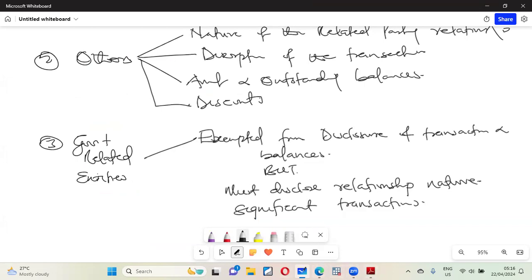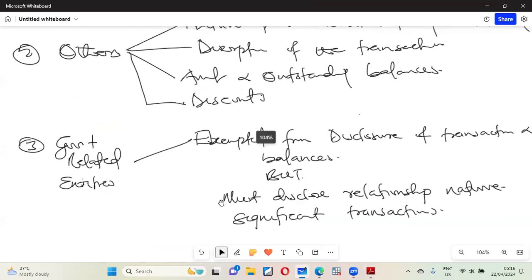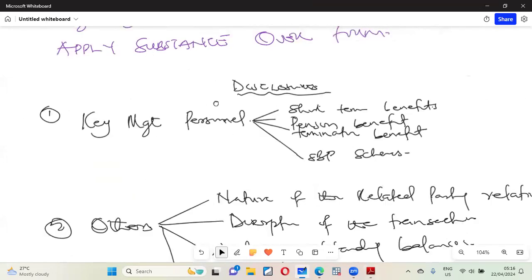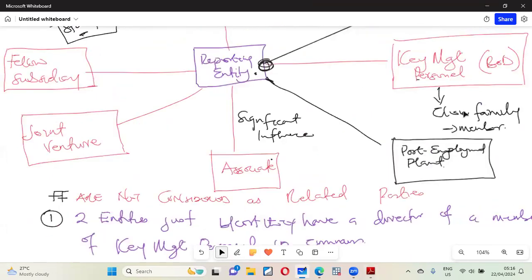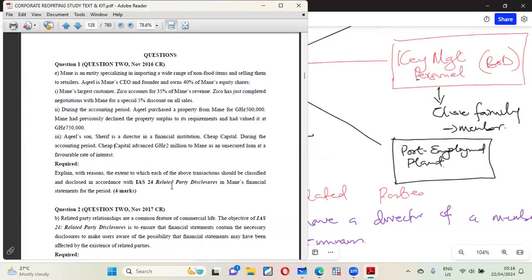So there is a close member of a key management personnel. Where is the diagram? So this is the diagram. So we see key management, a close member. All right. So that is what you see. Sheriff is Aquil's son, so a close member, of Chief Capital. During the accounting year, Chief Capital advanced 2 million to Money as an unsecured loan, at a favorable rate of interest.